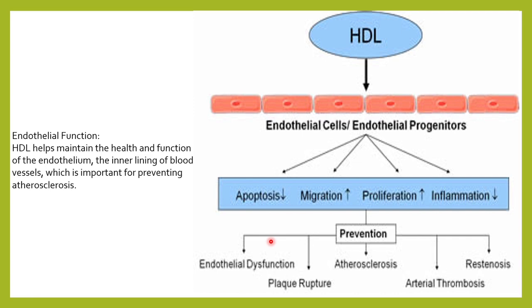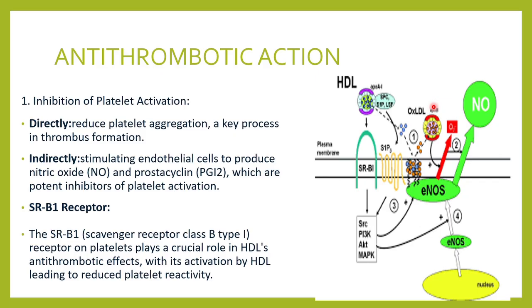And once this is prevented, atherosclerosis is prevented, thrombosis is prevented, there is prevention of plaque rupture, restenosis, etc. The HDL has anti-thrombotic properties. One is directly it will inhibit the platelet aggregation, and if that is done, there is reduced thrombus formation.